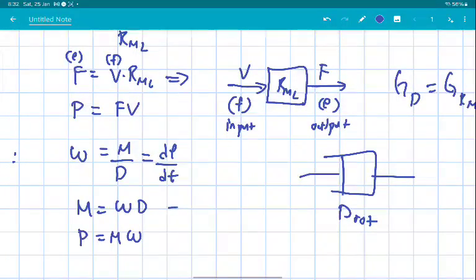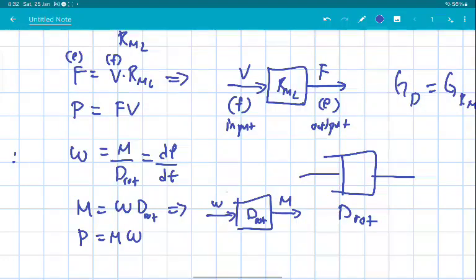So then your transfer function will look something like D, let's call it D_ROT. Your input will be omega, your output is the moment M. So omega is your angular speed, as a reminder.